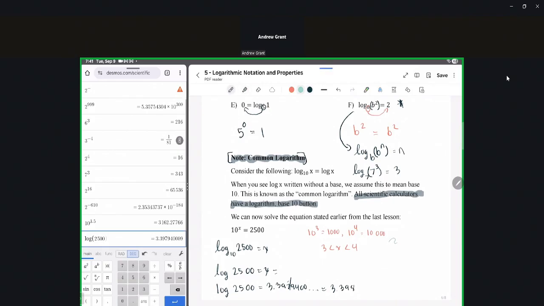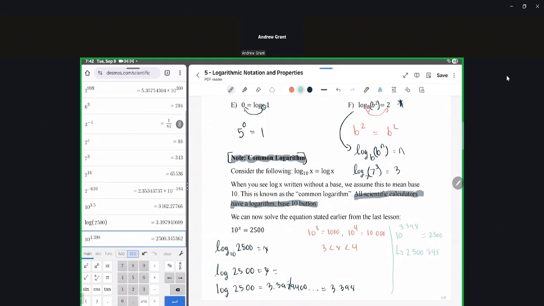So what does this mean? If I take 10 to the power of 3.398, I will get about 2,500. Let's test that out. 10 to the power of 3.398 gives a more exact answer of 2,500.345.